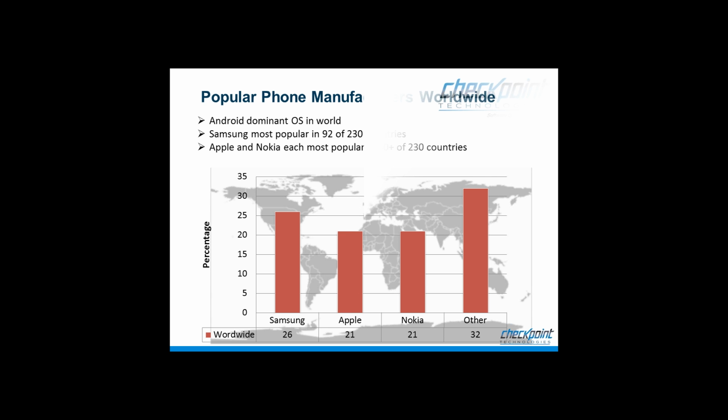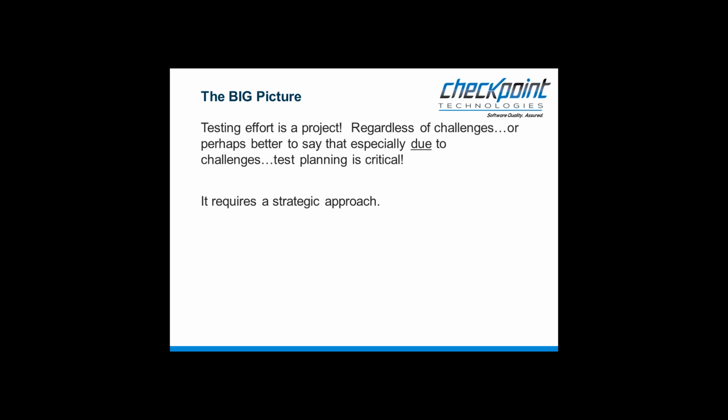Even in Russia, Nokia is the market leader with 20%. Apple comes in second at 17%. So when you're thinking about your test plan and how you're going to prioritize the testing, it's very important that you take into consideration what is going on in the market. You've got to take a look at the big picture.